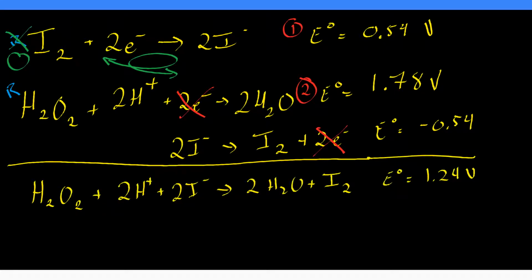You get hydrogen peroxide plus 2H plus 2I minus yields 2 water plus iodine with a standard cell potential of 1.24 volts. A little bit easier than balancing your redox reactions before. And that's because most of the work has already been done for you with the H plus and the electrons and the water and so on.